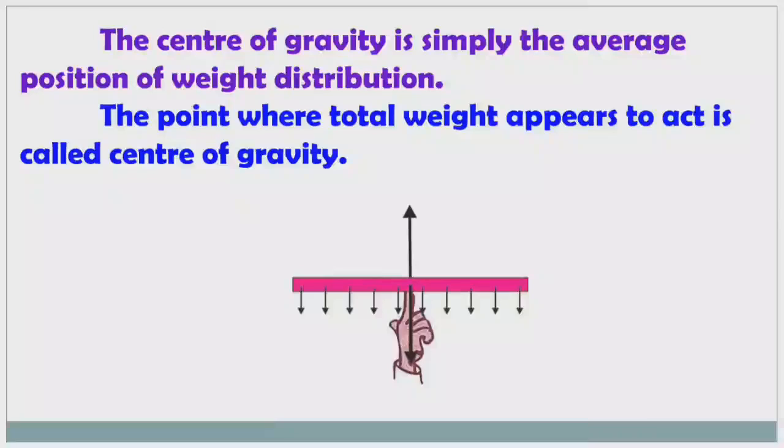By supporting with a finger at the middle, we can balance the scale. Why is it possible? Because the total weight of the scale appears to act at the middle. That point is the center of gravity, the point where total weight appears to act.